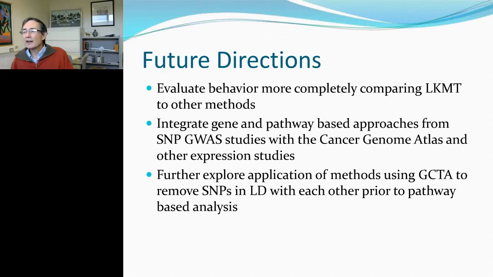Future directions would include evaluating the behavior more completely, comparing this linear kernel machine test to some other methods, and integrating gene and pathway-based approaches from SNP GWAS studies with, let's say, the Cancer Genome Atlas.